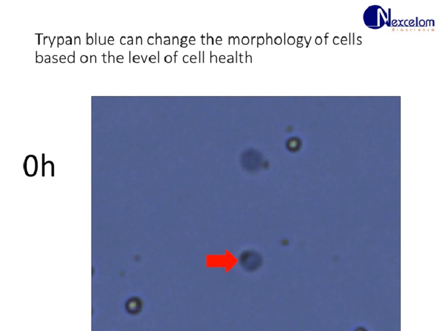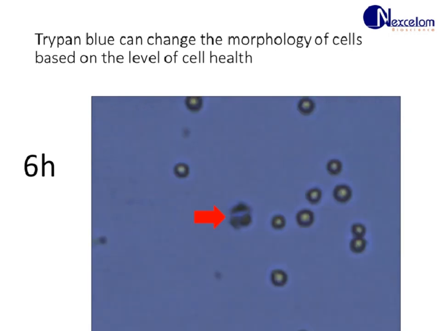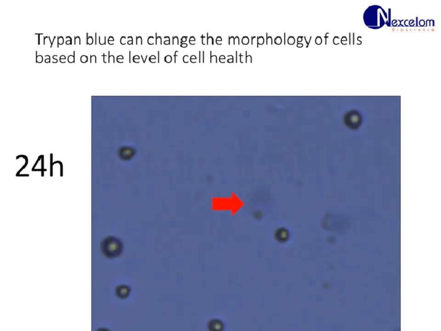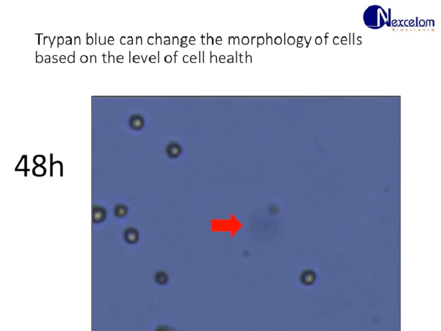So at 0 hour, when the cells are first removed, we can see that the dead cells look very dark and easy to identify. At 6 hours, the morphology starts to change. At 12 hours, you can see that the color of the dead cells stained with Trypan blue is getting lighter. And at 24 hours, it's even lighter.